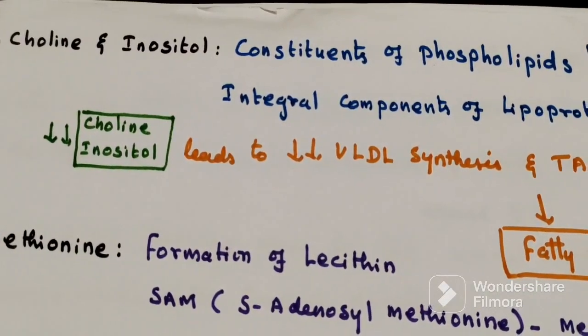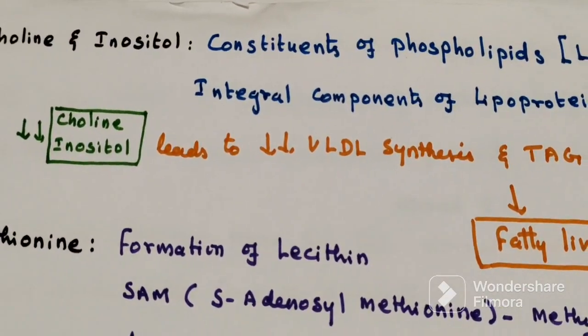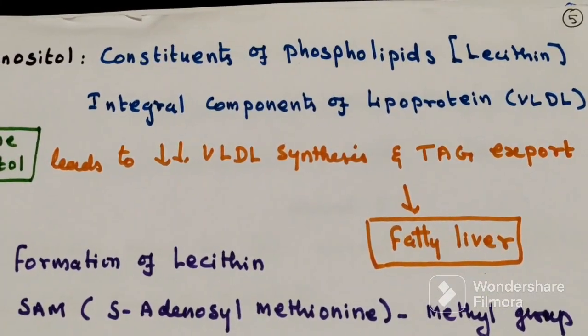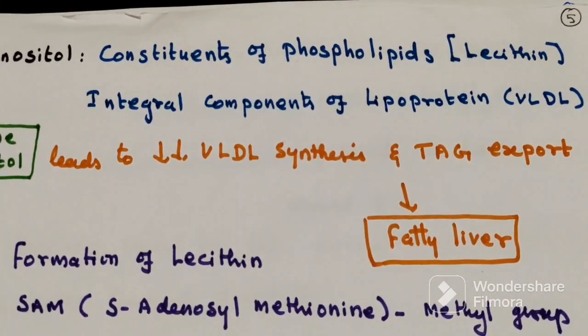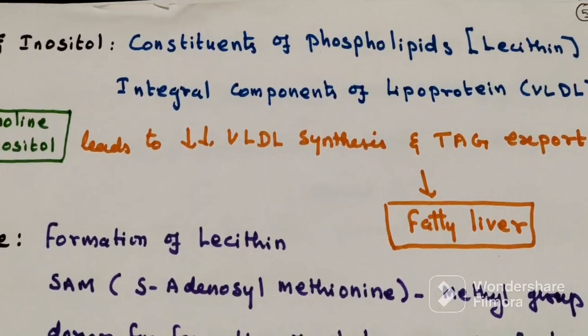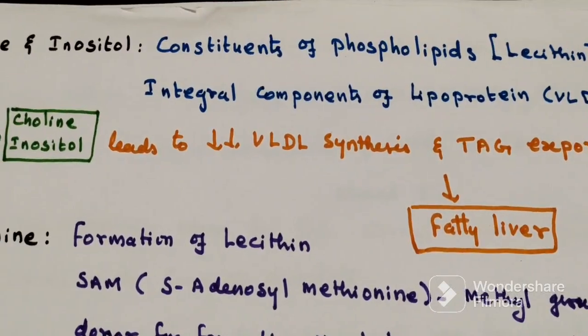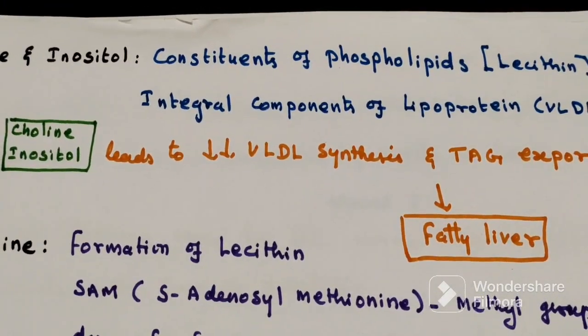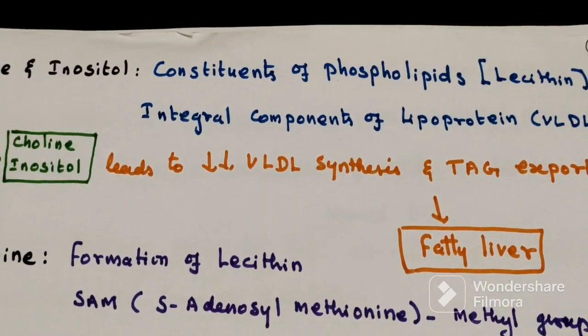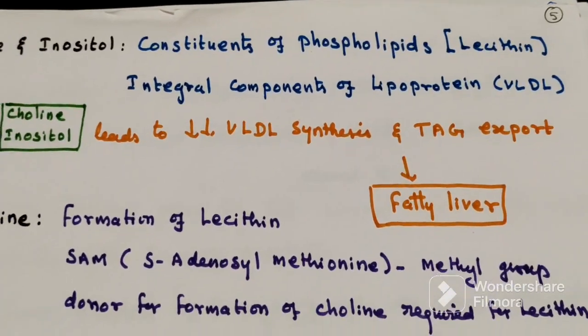Choline and inositol are constituents of phospholipid. These phospholipids are integral components of the lipoprotein VLDL. If choline and inositol are decreased, it leads to decreased VLDL synthesis and TAG export, which leads to fatty liver.